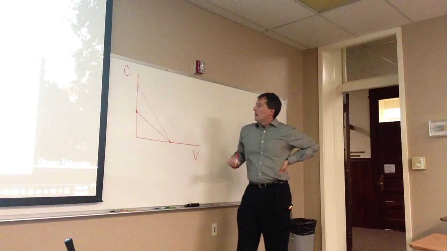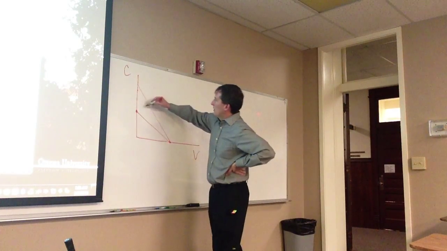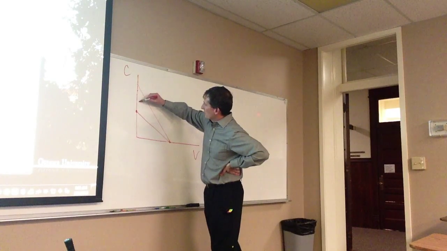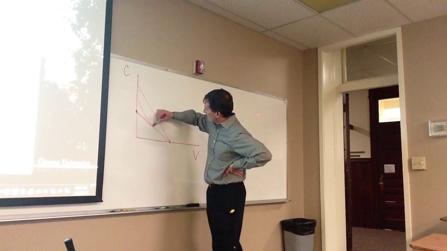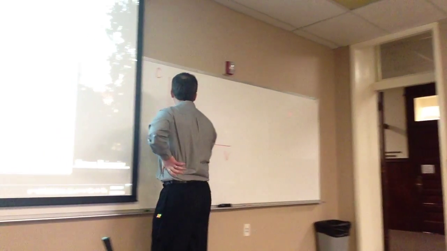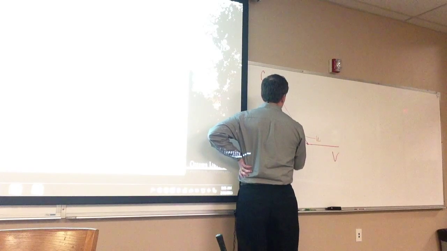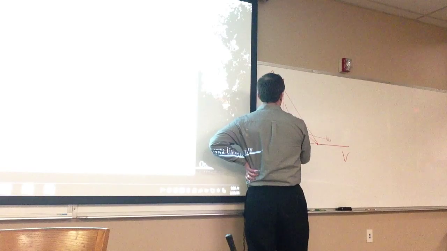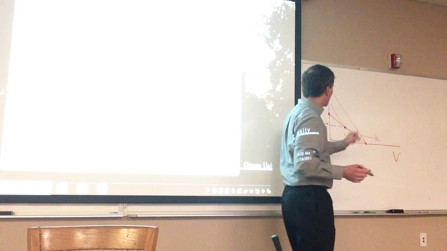All right. If we started on an indifference curve that looked like this, let's call it U1, where we were optimally consuming this much Viagra and this many cookies, holding our utility constant at that level.